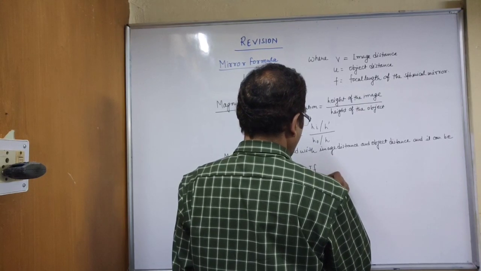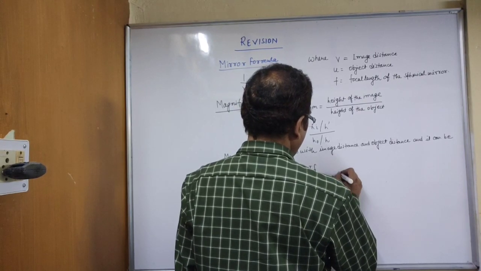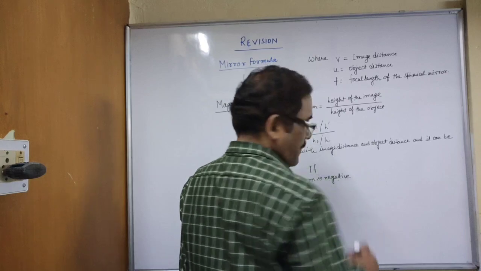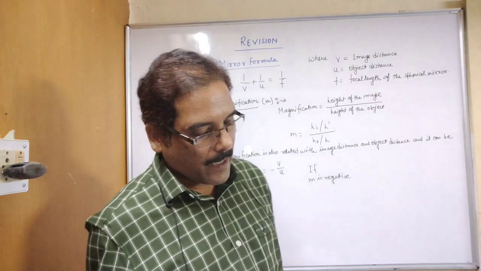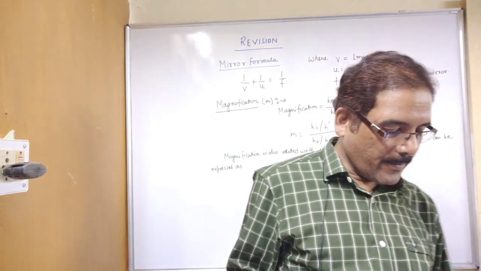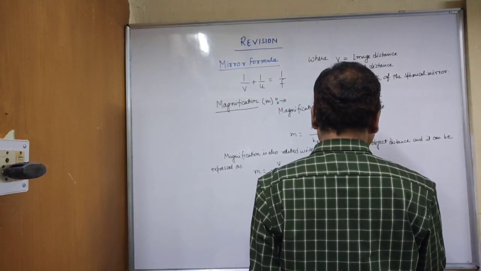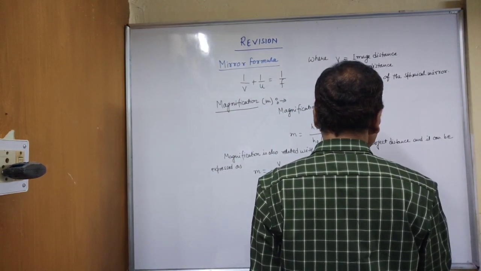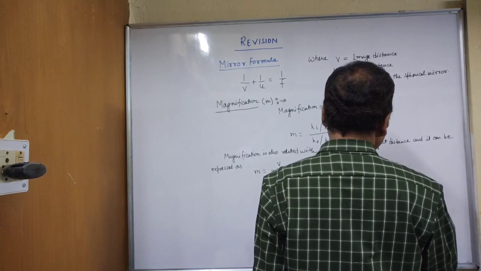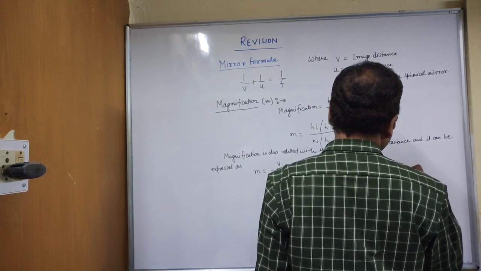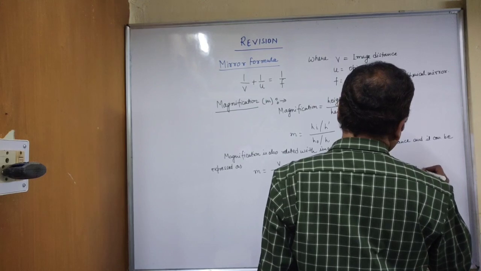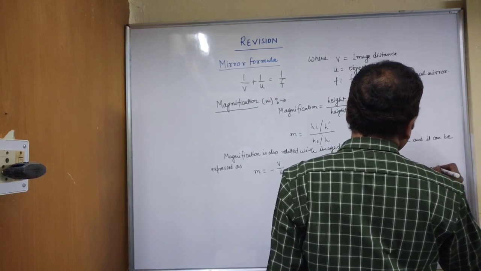If m is negative, it means that the image is real and inverted.